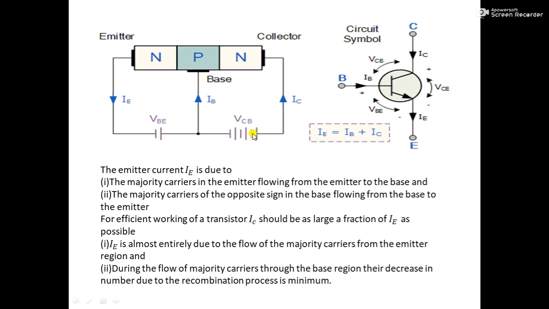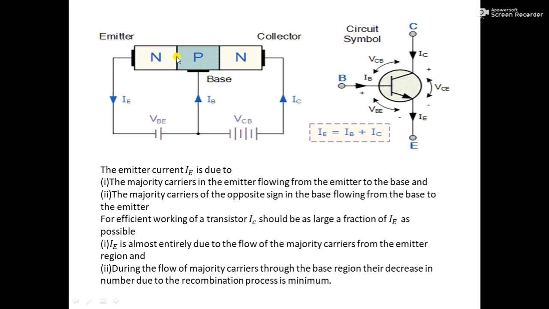At the same time, an equal number of electrons flows from the negative terminal of this battery and reaches the positive terminal of this battery. The flow of electrons from base to the collector gives rise to the collector current. In addition to the majority carriers diffusing from emitter to collector, a reverse saturation current also contributes to the collector current.